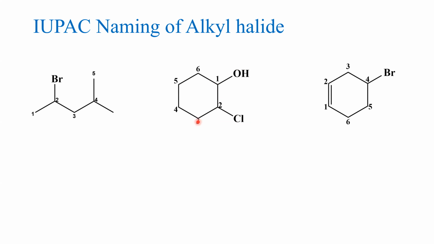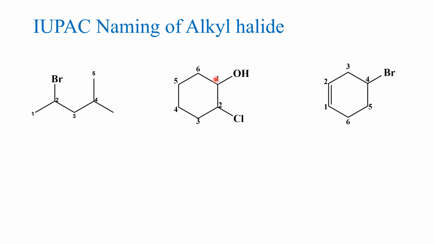Another thing about cyclic compounds is that unless they are provided with functionality or substitutions, in a cyclic ring you can start the numbering from any side. This is equivalent, right? So there is no longer-chain kind of criterion.